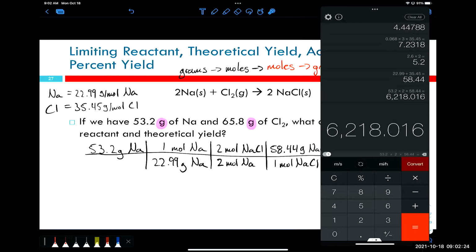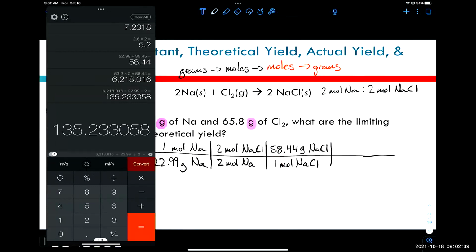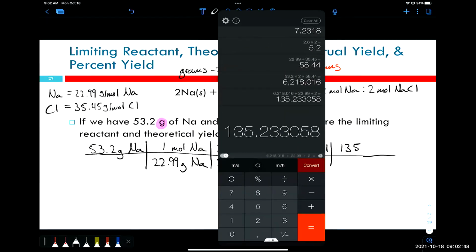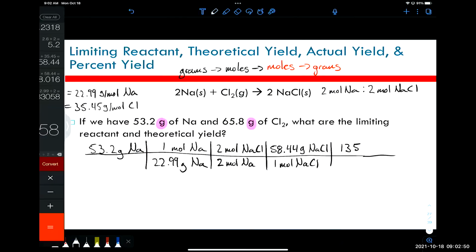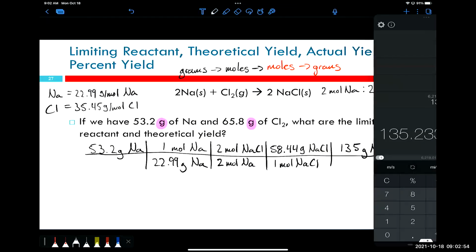And then we'll divide by all the numbers on the bottom. That's a huge number, but we'll divide by 22.99, divide by 2. And we don't need to divide by 1, just skip the ones. So we'll end up with 135. It's 135 grams sodium chloride based on this amount of sodium.